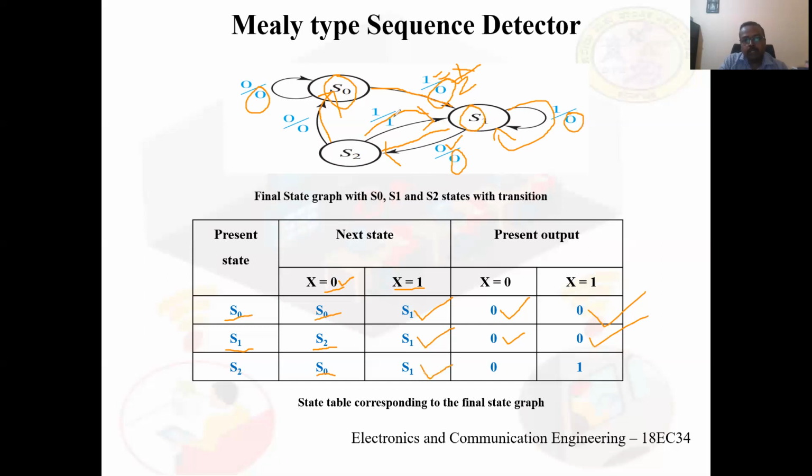And what is the output for this one? The output is equal to 1, so you have output 1 here. And we know, for when x is 0, the output will be 0. Hope everyone understood how to come up with a state table by looking at the final state graph.